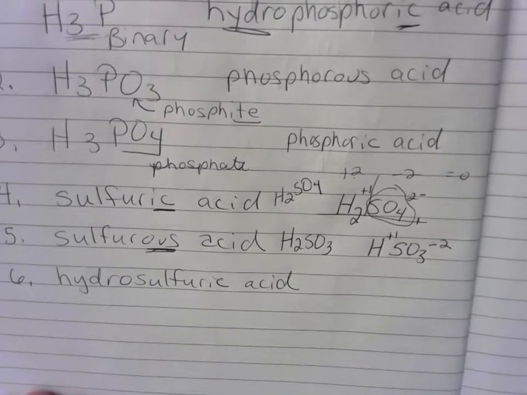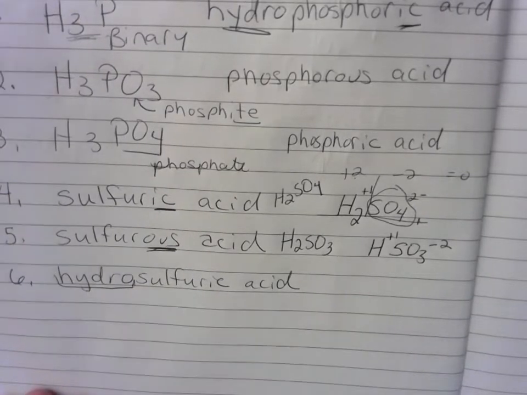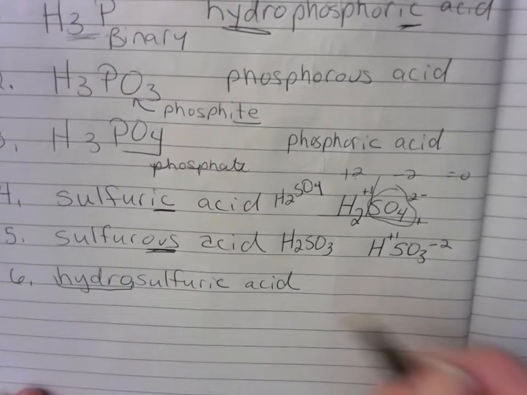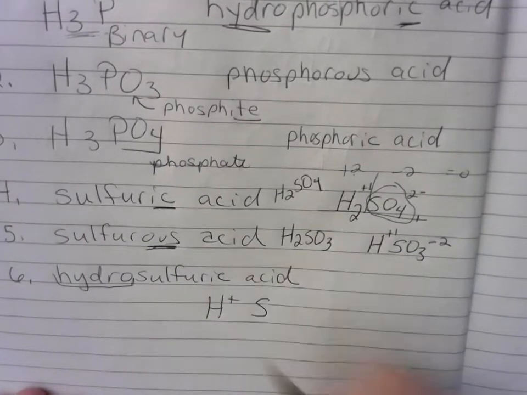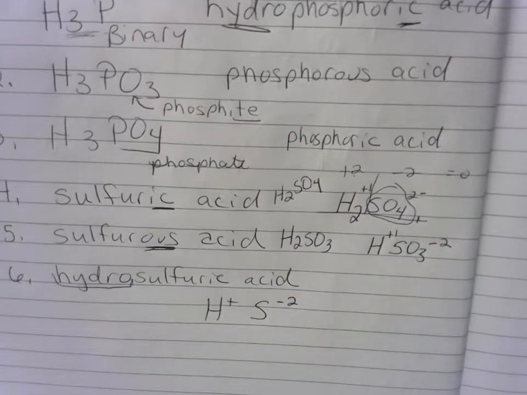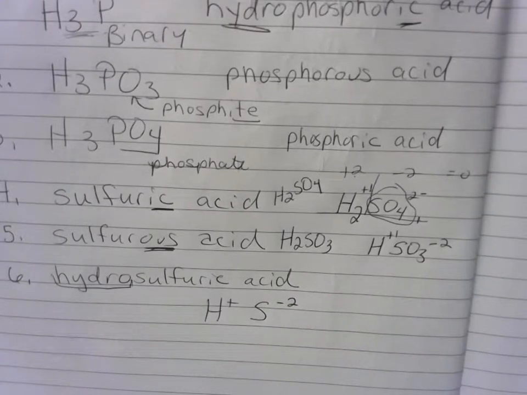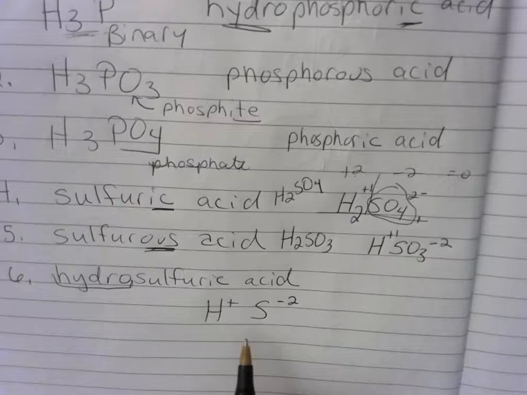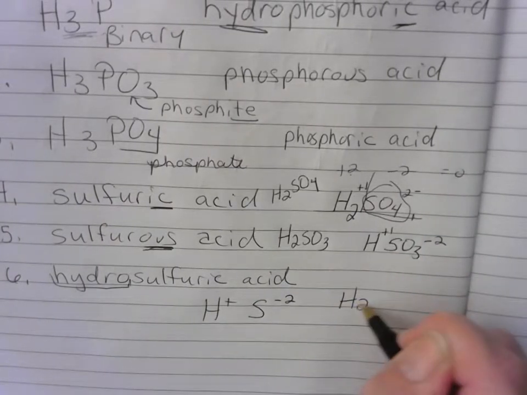Okay, hydrosulfuric acid. Since we have hydro here in front, we know it's binary. That means there's only 2 things involved. That is my hydrogen cation, my sulfide ide anion. I know that's a -2 because I look on the periodic table and it is in the oxygen family. So in its monatomic anion form, there's a -2 charge. So when I balance these out, the formula is H2S.